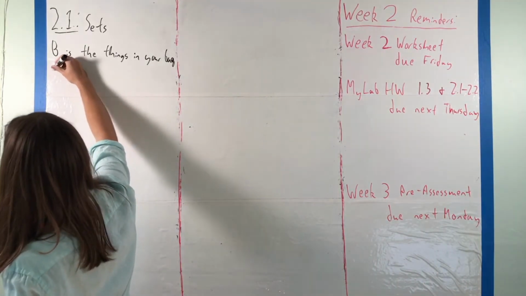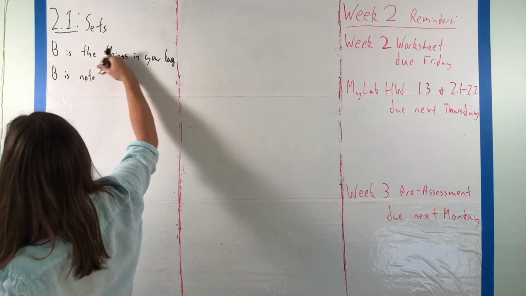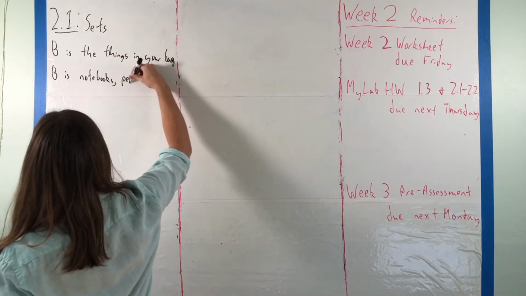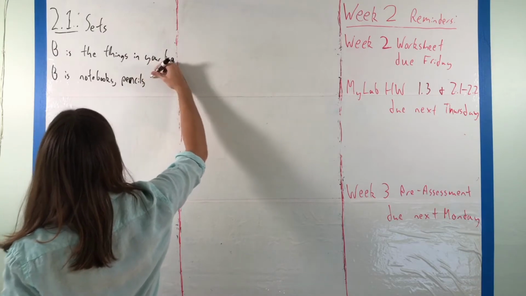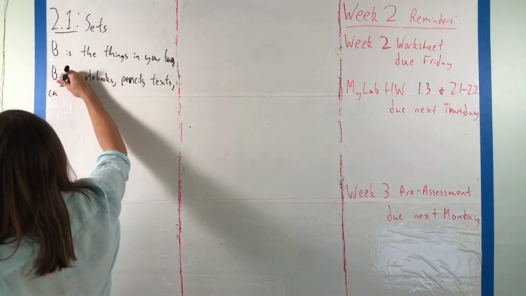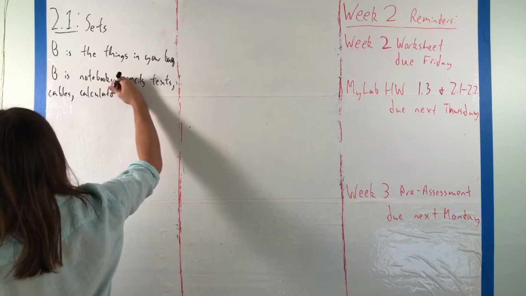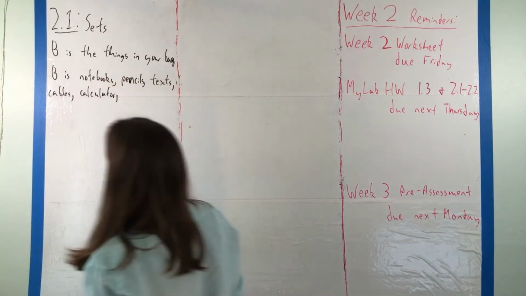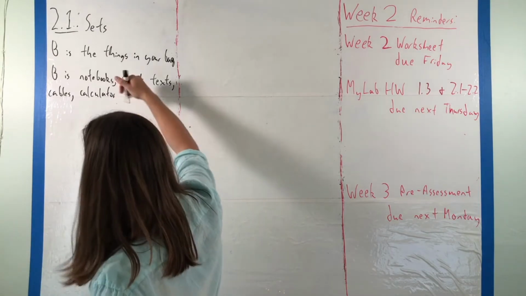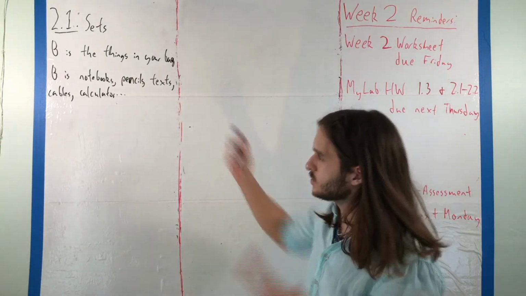Now, B is the things in the bag, so I could say B is notebooks, pencils, or pens if you prefer, textbooks, maybe some tablets, a calculator if you're in math classes, probably, I don't know, what else could be in there, a whole bunch of different things maybe, but it's the things that are in there. And if you want to describe what's in there, you could just write a list.